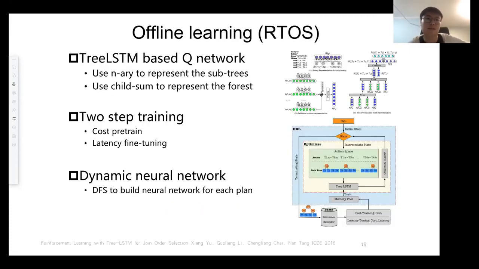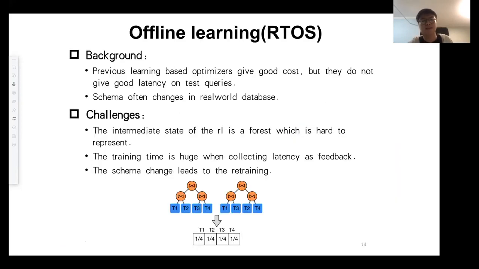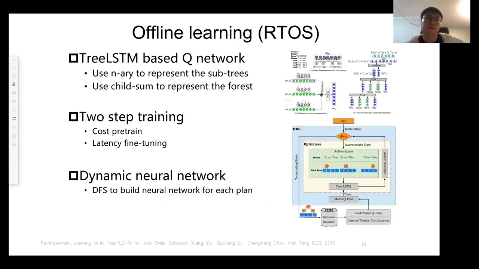So we propose RTOS. This method uses a tree LSTM-based Q network. It uses an array to represent the subtrees and uses a child sum to represent the forest. Using the tree LSTM, we do not have to worry about different query plans leading to the same representation. Different query structures lead to different representations, so you can capture the structural information of a query.